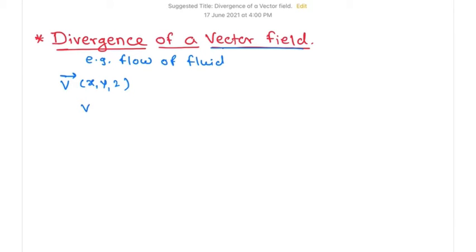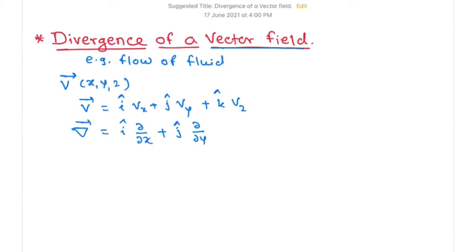That is, the vector v is defined as unit vector i vx plus unit vector j vy plus unit vector k vz. And the del operator that we defined earlier is unit vector i ∂/∂x plus unit vector j ∂/∂y plus unit vector k ∂/∂z.